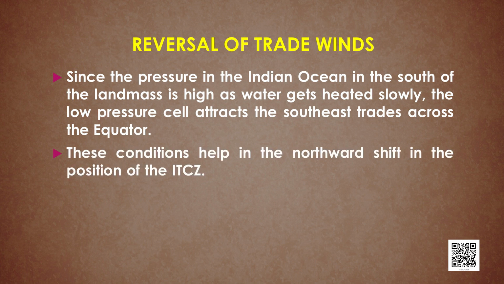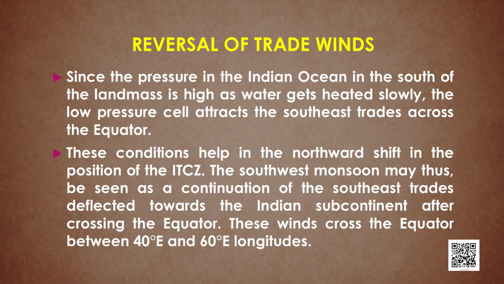These conditions help in the northward shift of the position of the ITCZ, intertropical convergence zone, which is specially a low pressure zone where all the winds will converge. The southwest monsoon may specially be seen as a continuation of the southeast trade winds.